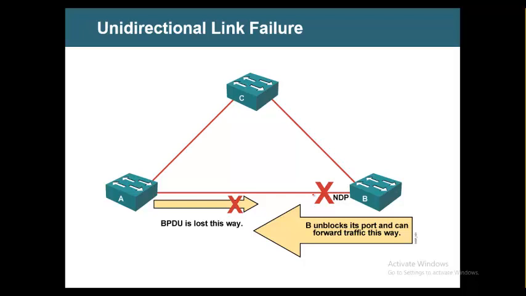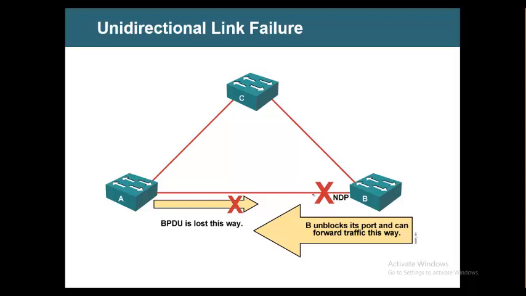So there are chances for one of the wires to go down while the other one stays up. In that case, BPDUs will not be sent on the path where the wire is cut, but BPDUs will be received from the other switch. So there is going to be an abnormality. A switch is receiving BPDUs from a direction, but not sending any BPDU in that same direction because the link has failed. This will also cause a loop.